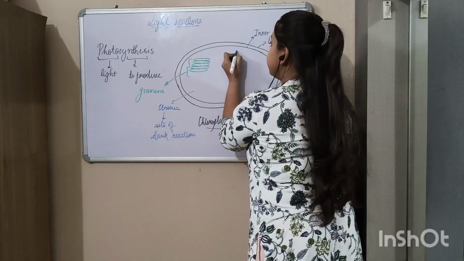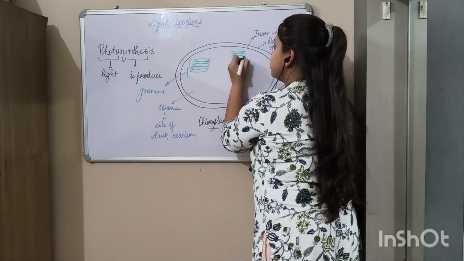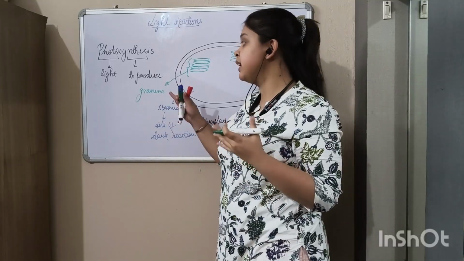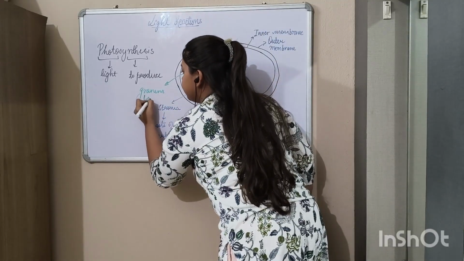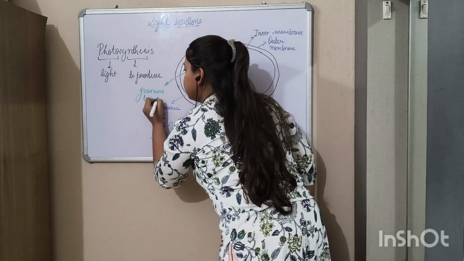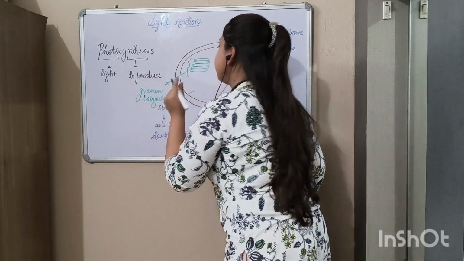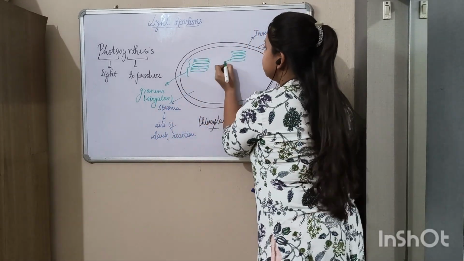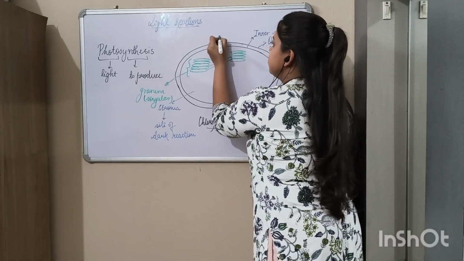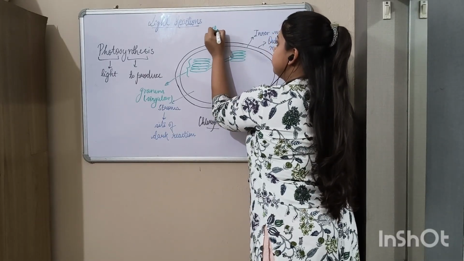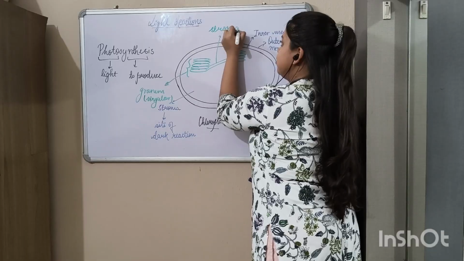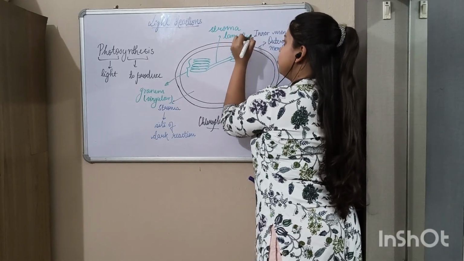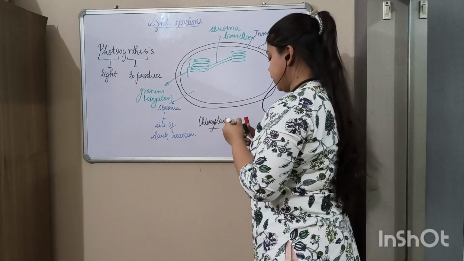If more than one granum is present, the plural form is grana. These grana are interconnected via the stroma lamellae. This is the stroma lamellae.